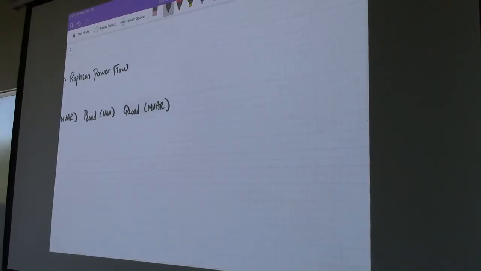We'll have a nominal voltage, and lastly, a bus type.